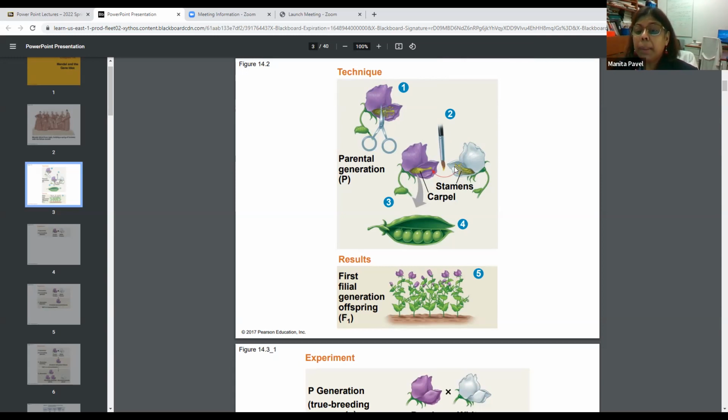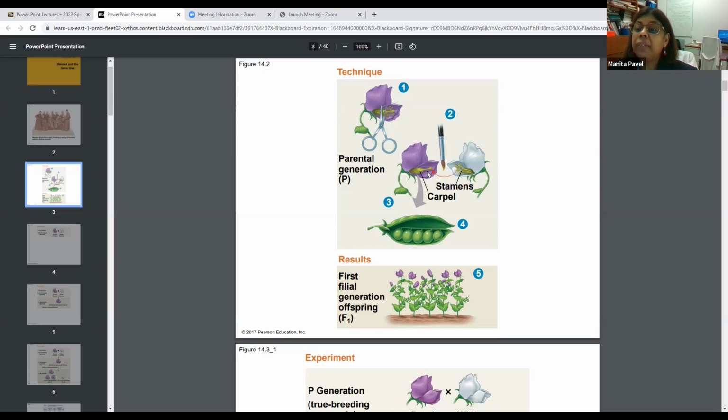He took the male part of the flower called the stamen. And what is the stamen comprised of? It is made up of this whole structure. So the anther, which contains the pollen, and the filament, and that makes up the whole stamen. So this is the whole stamen as they show.